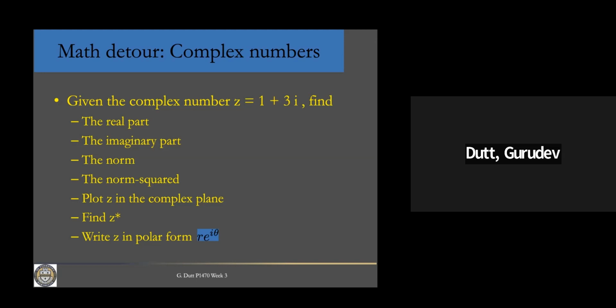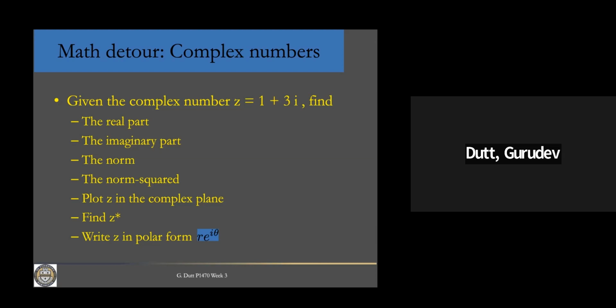Drawing didn't come out so good, but that's okay. And now what if I wanted to write this in polar form? Remember, polar form is of the form r e to the i theta. So for z equal to 1 plus 3i, how do I go about finding r and theta? Get me started.